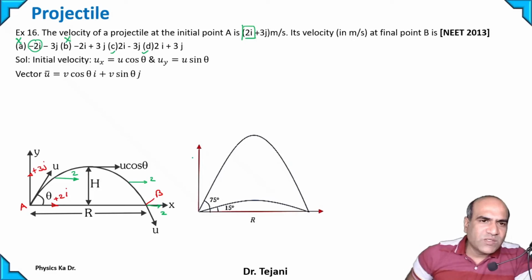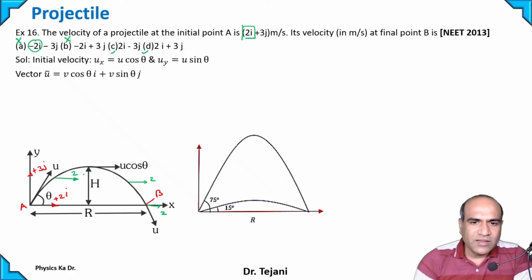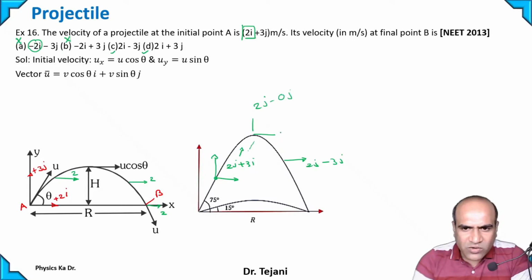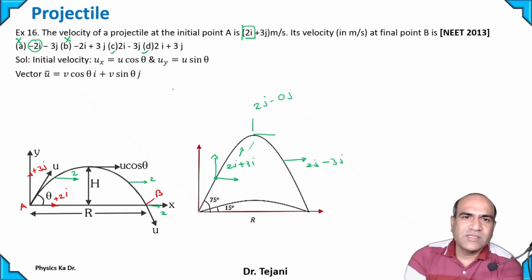In vector form you can write u cos theta i plus u sin theta j. Maybe the object is starting from this position with vector 2i plus 3j. See, the 2 is not changing, but the 3 component, when it goes upward, decreases to 0, and then on the opposite side it becomes minus 3j.